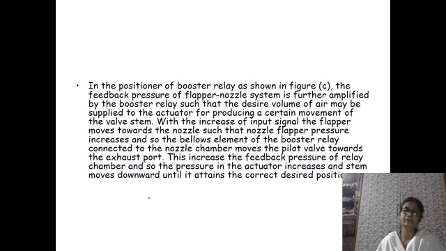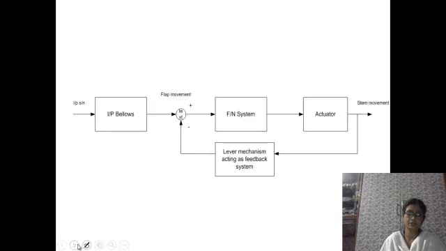With the increase of input signal, the flapper moves towards the nozzle such that the nozzle flapper pressure increases, and so the bellows element of the booster relay connected to the nozzle chamber moves the pilot valve or stem towards the exhaust port. This increases the feedback pressure of the relay chamber, and so the pressure in the actuator increases, and the stem moves downward until it attains the desired position.